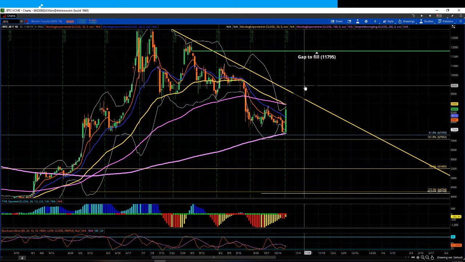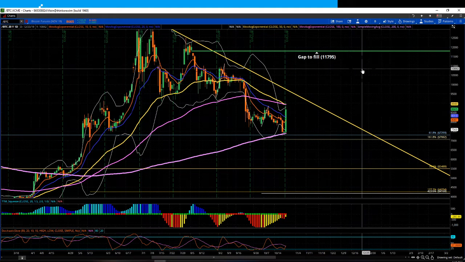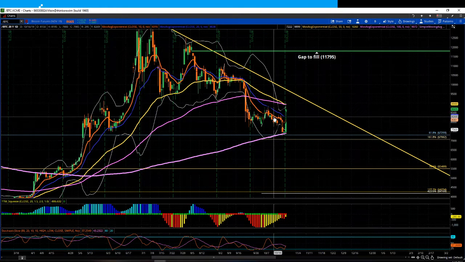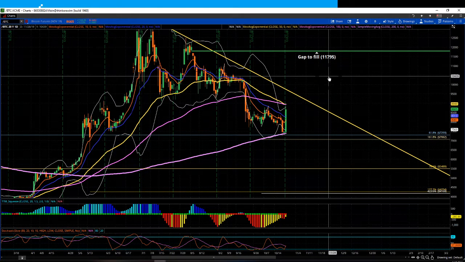Or Monday. And then we have a gap up here at 11, basically 11,800. But don't sit there and think that it's going to get to 11,800 tomorrow. Okay, it's not. So get that thought out of your mind.